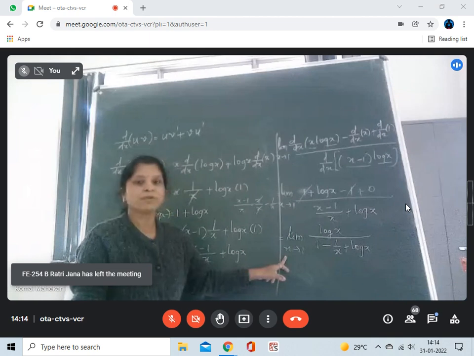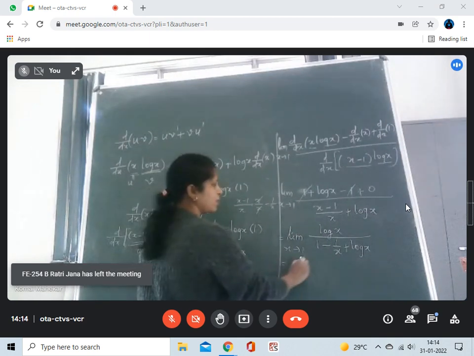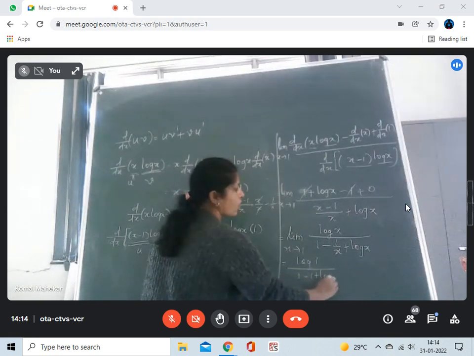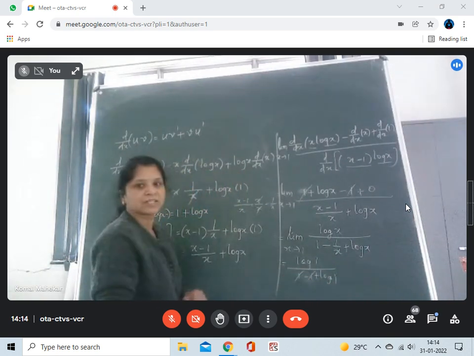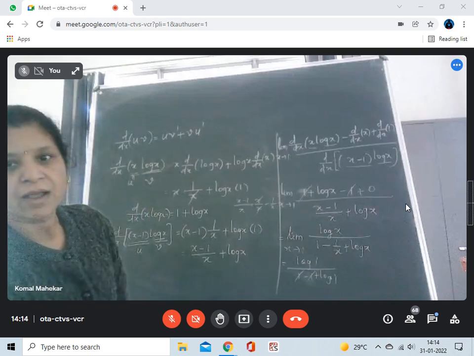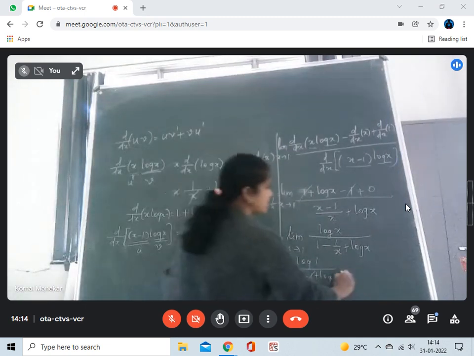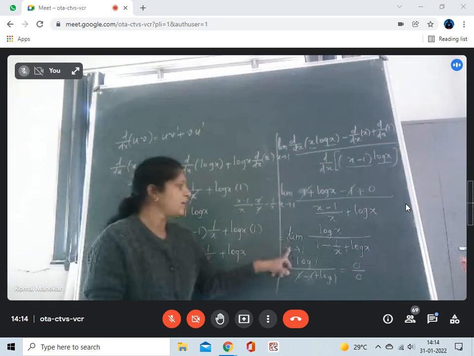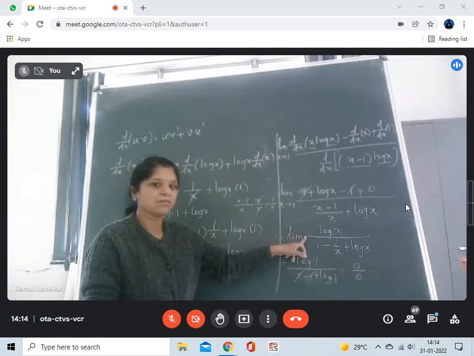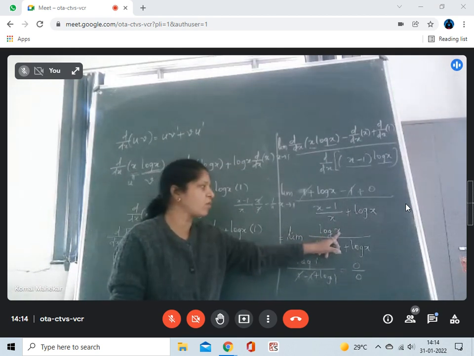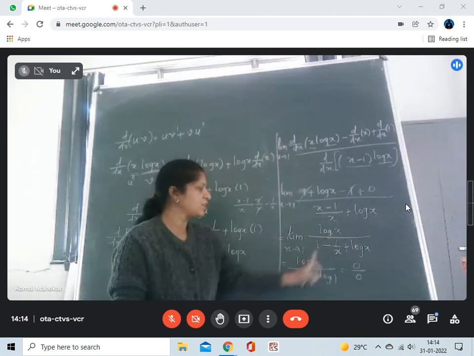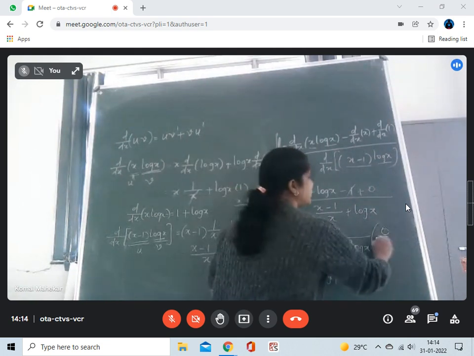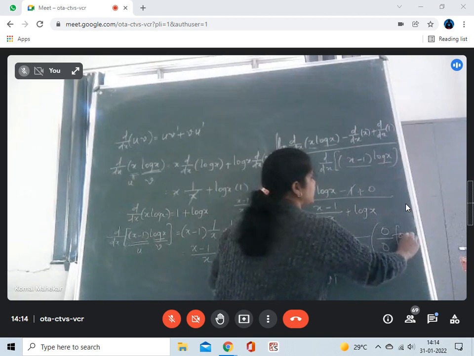Now in this, if you apply the limit, what will happen? This becomes log of 1 divided by 1 minus 1 plus log of 1. Now 1 minus 1 gets cancelled, and log 1 is 0. So this is 0 by 0 form.